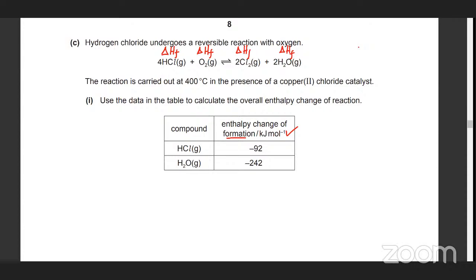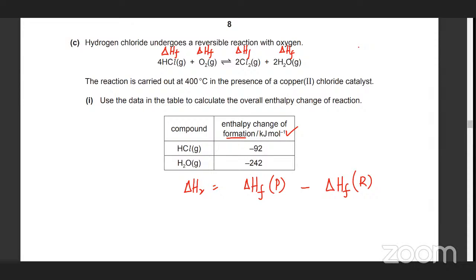So if the enthalpy of formation of the reactants and the products are all known, what you simply have to do is use the formula: the enthalpy of the reaction is the enthalpy of formation of products minus the enthalpy of formation of the reactants.